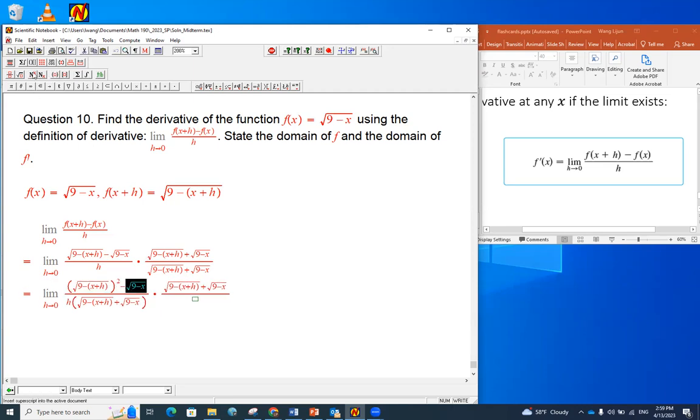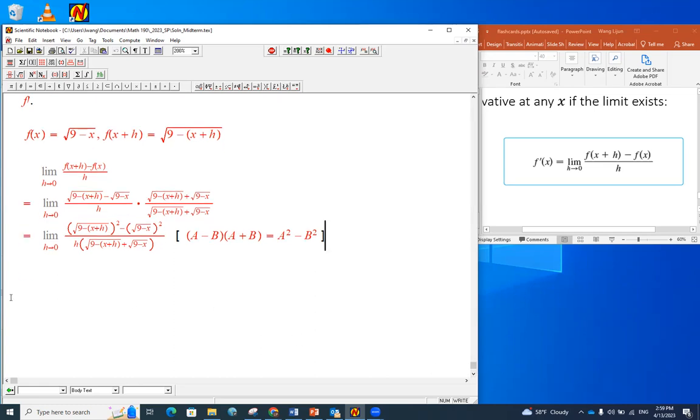We know the formula: a minus b times a plus b equals a squared minus b squared. You can see how useful that formula is, always useful.